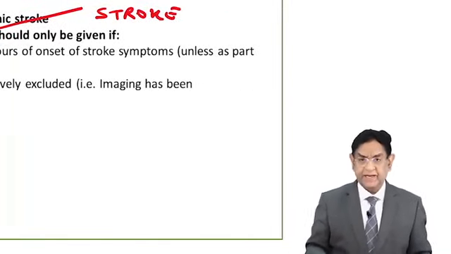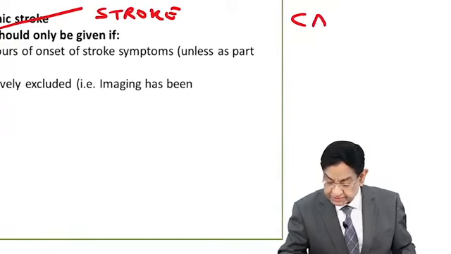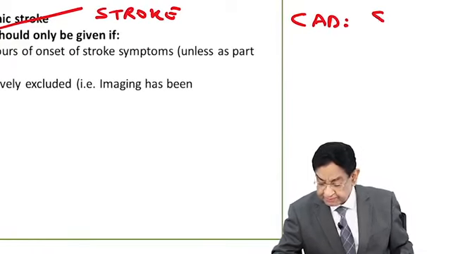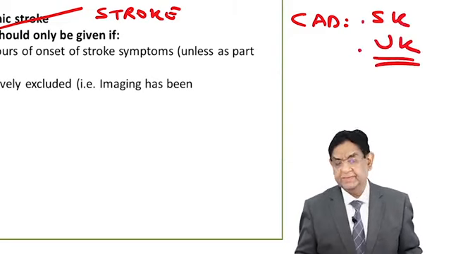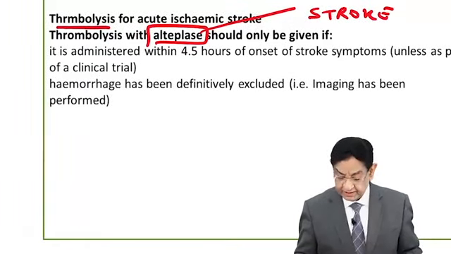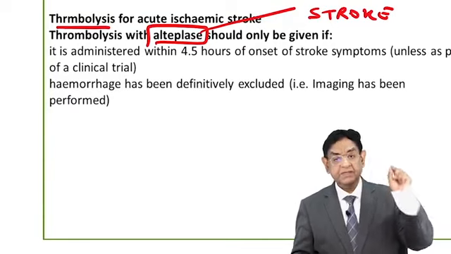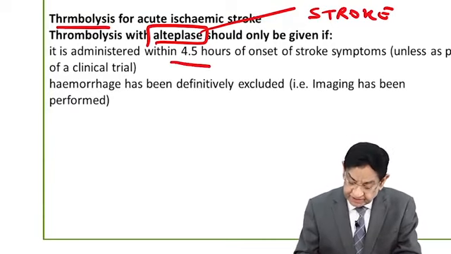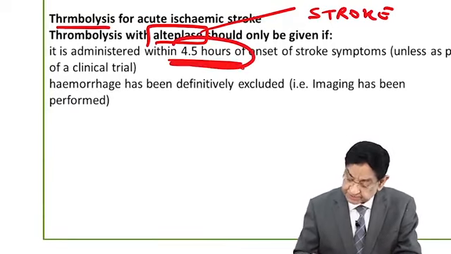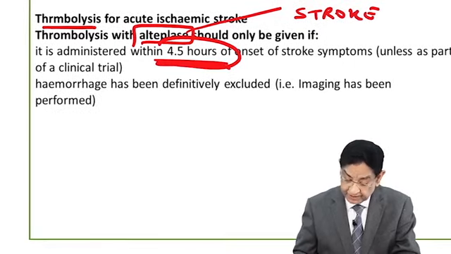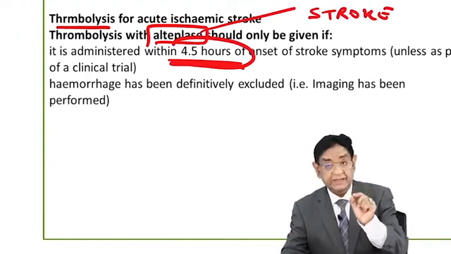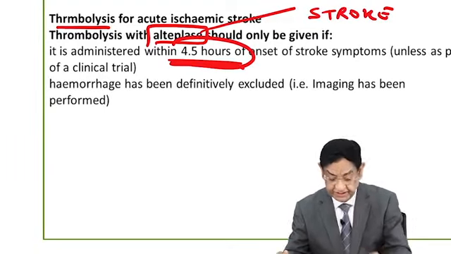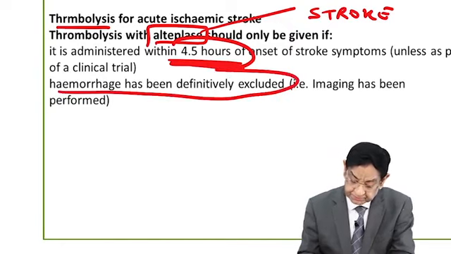Point to be noted very carefully: in coronary artery disease, we use streptokinase and urokinase, but we don't use these in CVA; we use only alteplase. But only when the patient has come within 2.5 hours, and that also provided we have ruled out hemorrhage.